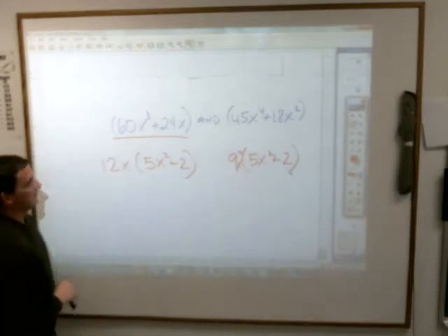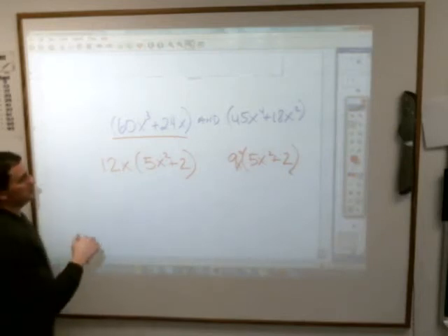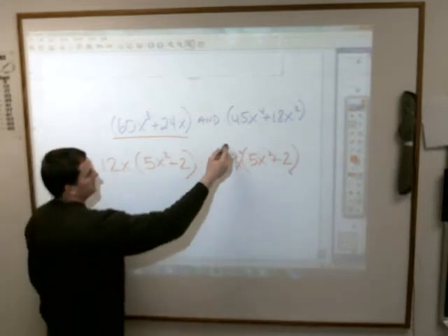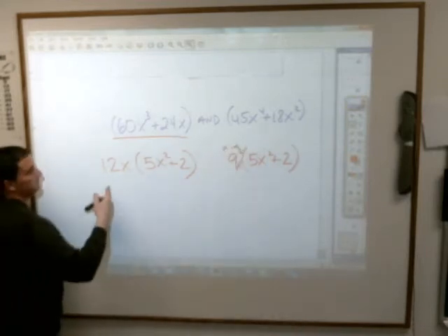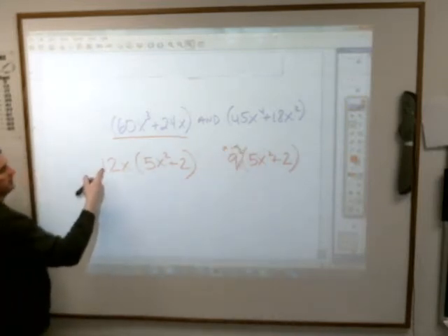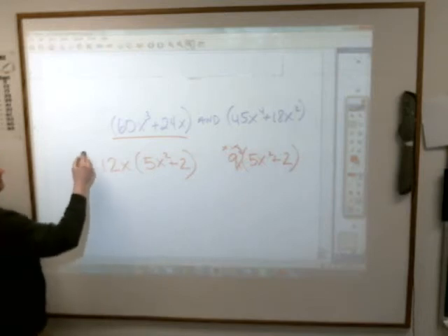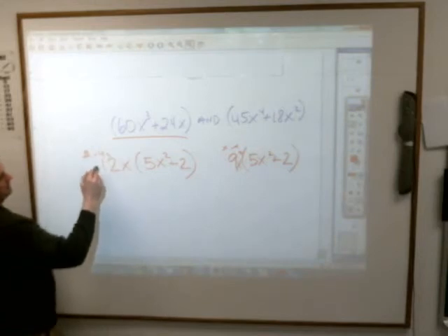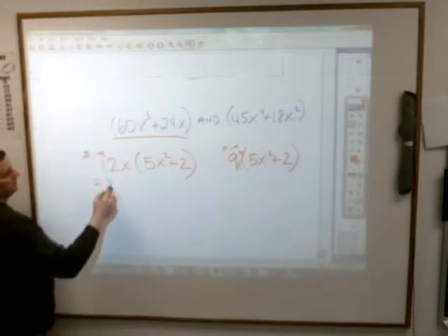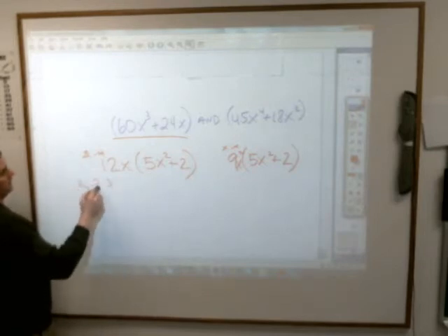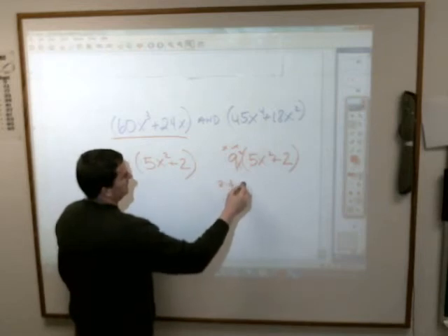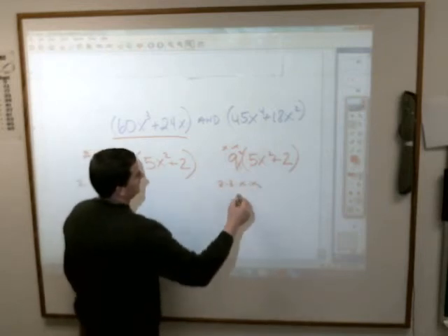So you take the one that has the most, and don't forget, you need to think of this as being x times x out there. Let's do it out. You've got 2 times 2 times 3 for 12, and this is 3 times x times x.